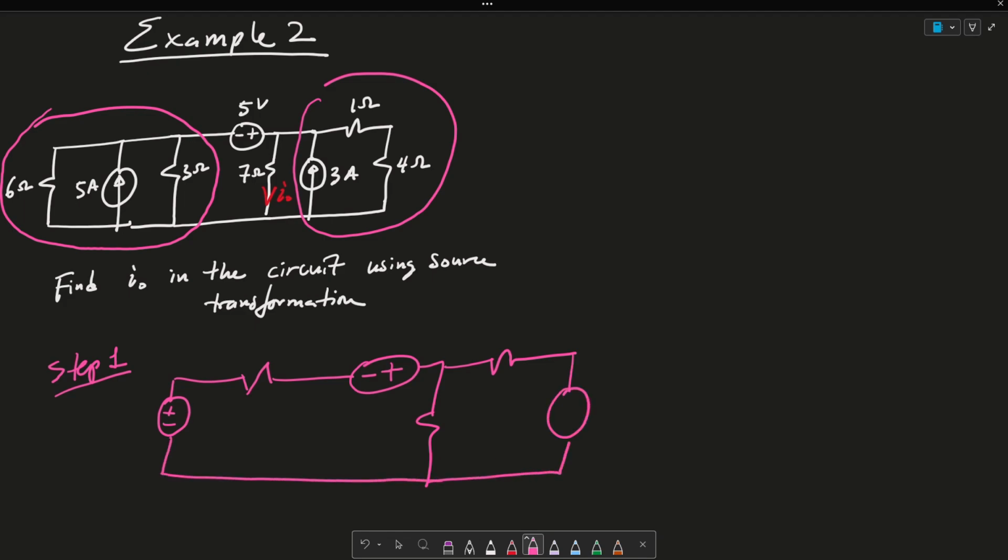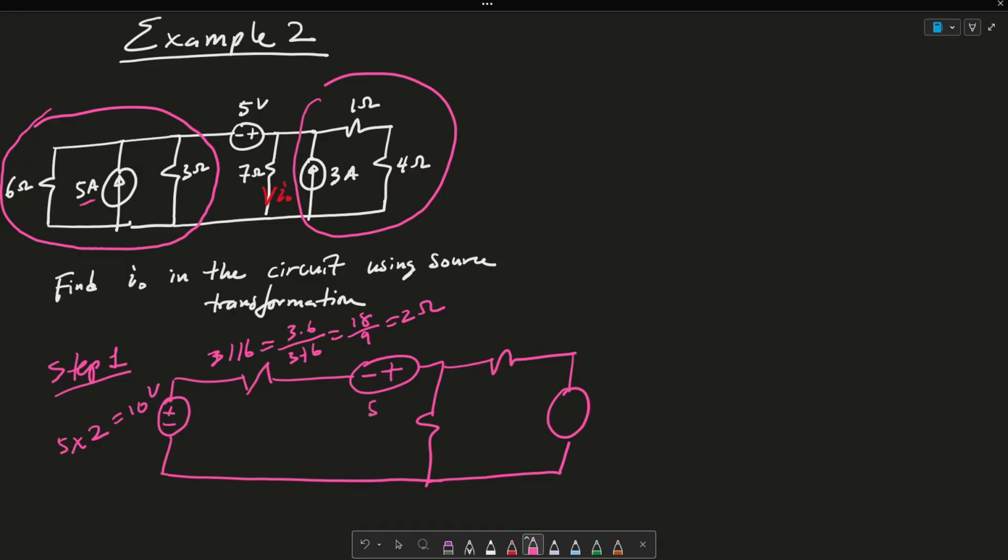So essentially, this here becomes 3 in parallel with 6, or again, this is 3 times 6 over 3 plus 6, which is 18 over 9, or simply 2 ohms. This here is 5 times 2, right? Because it's a current source and a resistor in parallel. So I multiply my 5 amps times my 2, which equals 10 volts.